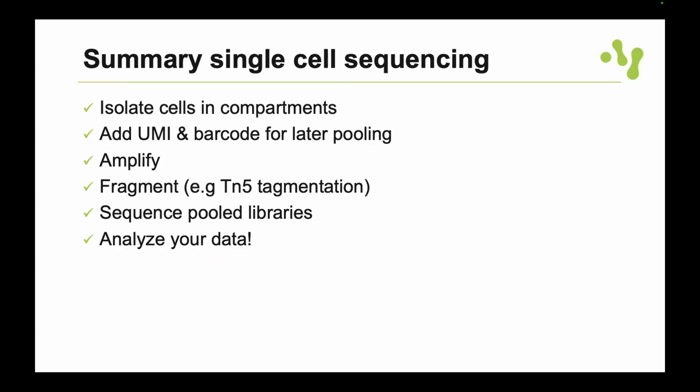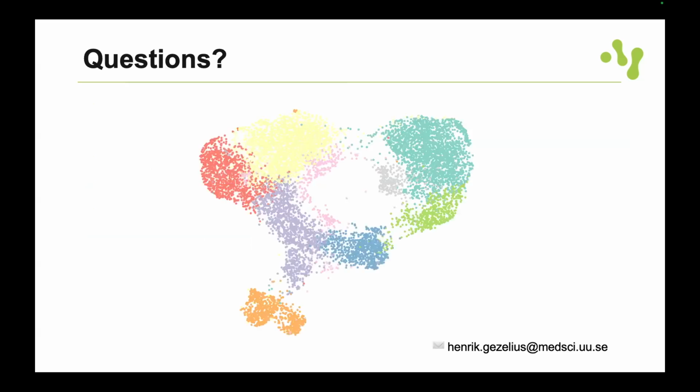Fragmentation is often done with Tn5 fragmentation, and you sequence your pooled library and analyze your data. If anybody has questions so far, before I move to the next part. Any more questions? Okay, then I move on to the last 5 minutes or so.